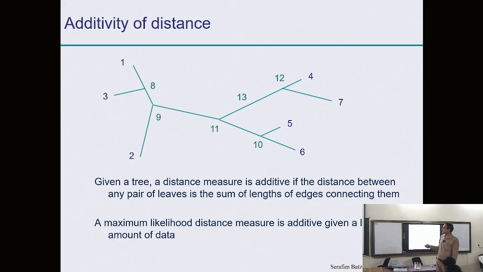Those edges are this one and this one. If you add them up and that is the distance between 1 and 4, then the distance metric is additive.